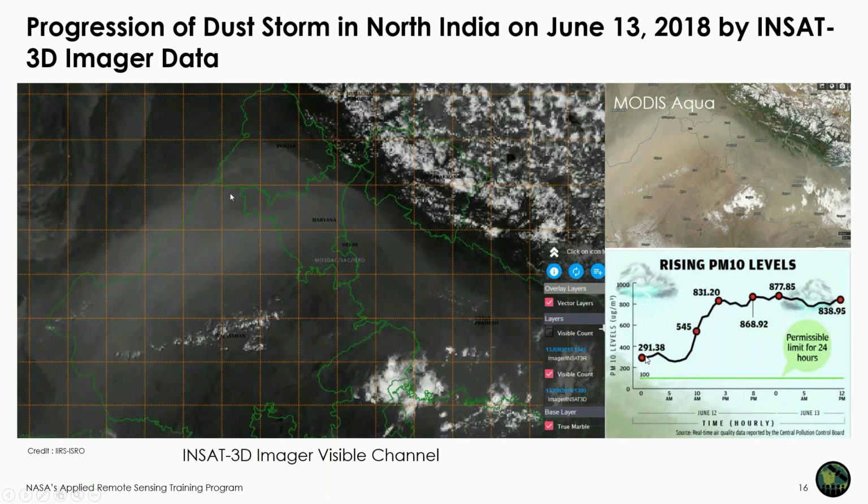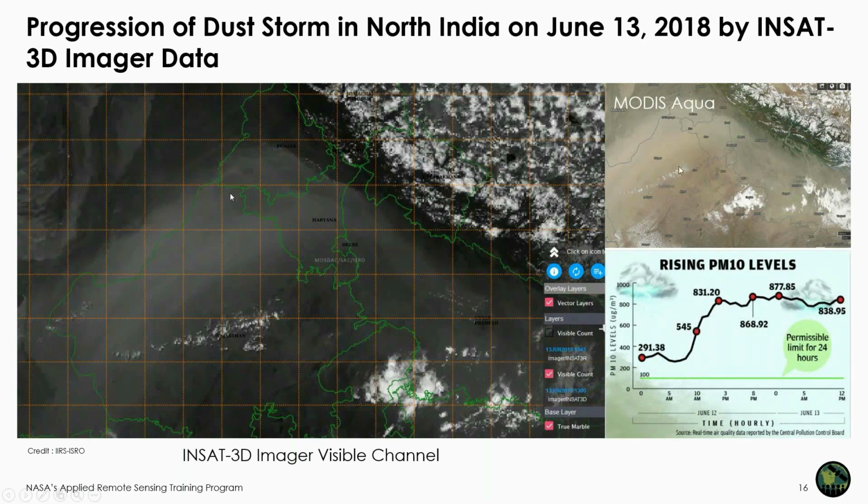And this is the ground PM10 level, which was recorded in New Delhi. You can see that on this day, June 13th, the ground particulate matter PM10 was as high as 868 microgram per meter cube, and the permissible limit is less than 100.